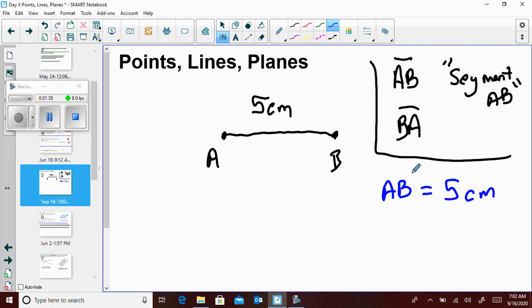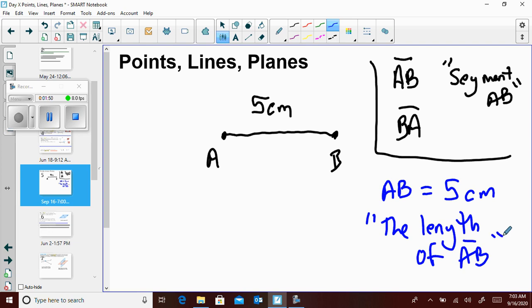If we don't put a bar over top and we just write AB, the starting and end point with no bar, this is the distance between A and B, or the length of segment AB. Okay. So a segment has a defined start point and end point. The length of it, you just leave the bar out.